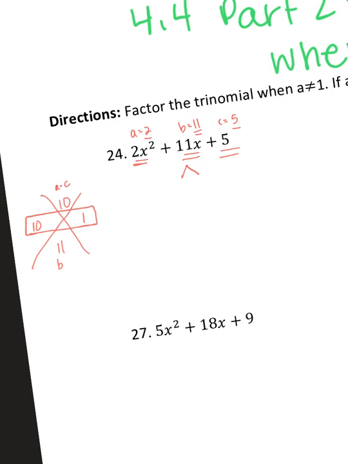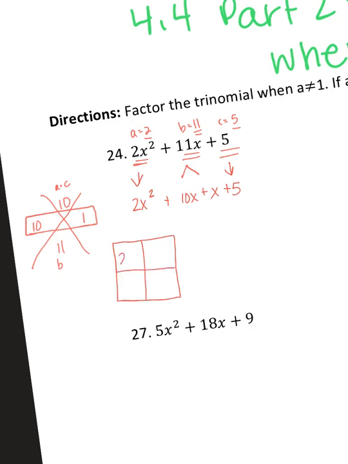So we just bring down our first term. It stays the same, 2x squared. And then our 11x, we use the diamond to split that into 10x and 1x. And 1x can just be written as x. And then our last term, our c, stays the same as well. That's a 5.